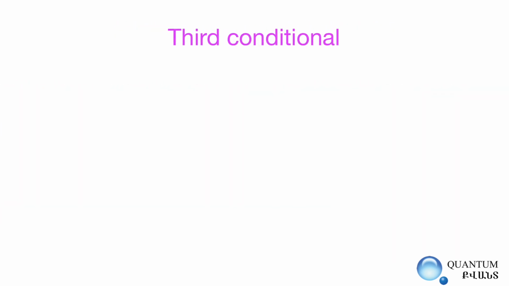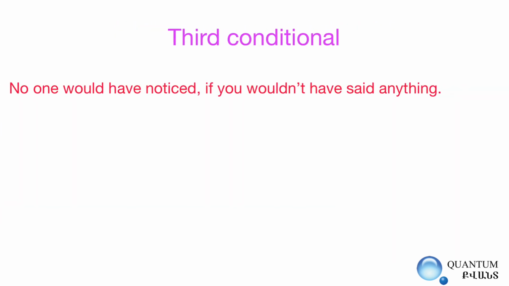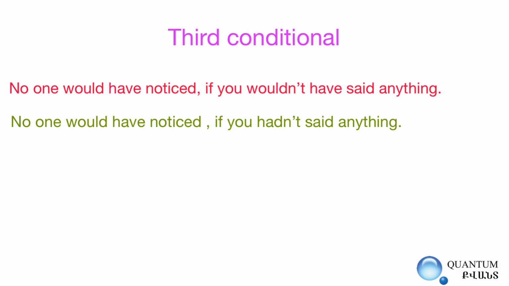And the third conditional: no one would have noticed if you wouldn't have said anything. So again, in the if clause, we cannot use wouldn't have; instead it should be hadn't said anything. So the sentence should be, no one would have noticed if you hadn't said anything.